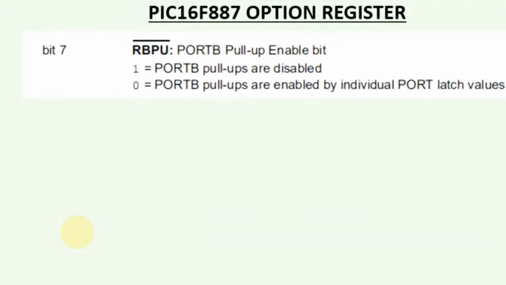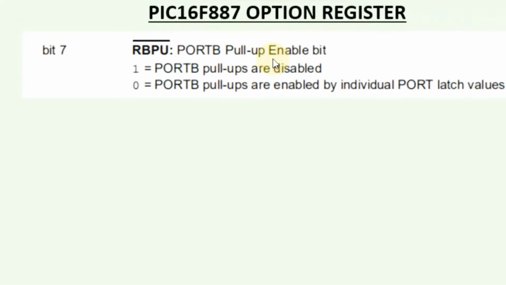Bit 7, that is the most significant bit of the option register, is RBPU. You can see the complement on this particular pin, so this is an active low pin. RBPU stands for Port B pull-up enable bit.